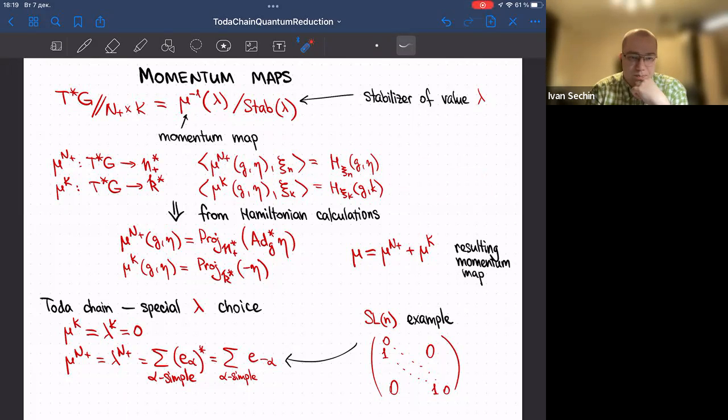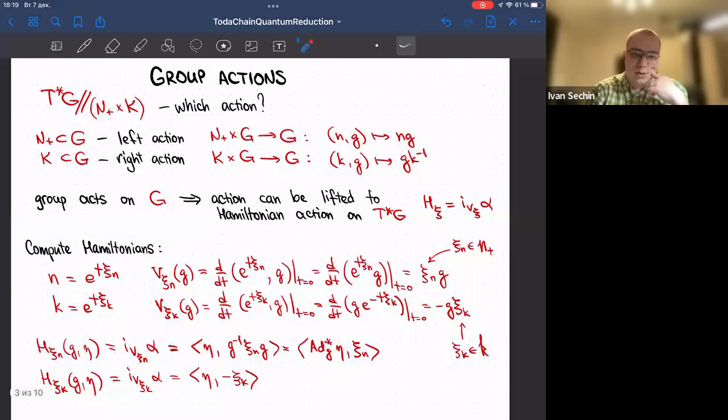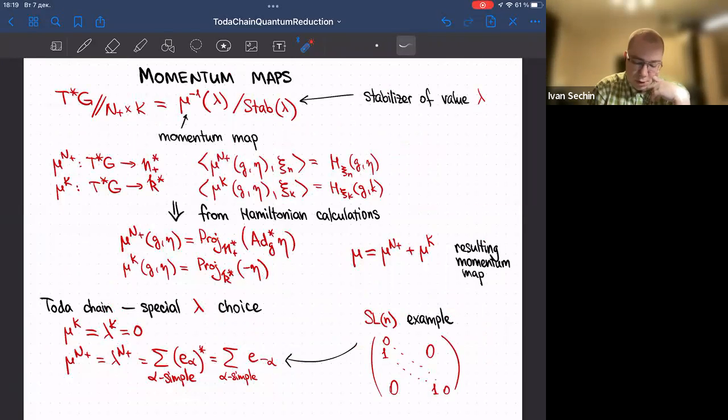And now we can calculate it. It is very simple because the form of our Hamiltonian is now a pairing as we want, and we should just choose a projection onto the duals of the Lie algebras. We define some function.